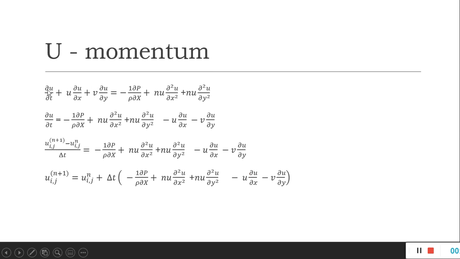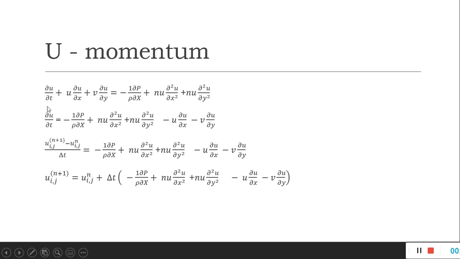I'm just rearranging to make the new velocity the subject. These two terms that represent the convection terms are plus on the left hand side, but when we take them to the right hand side they become negative terms. The pressure gradient is already a negative term, so we've got everything on the right hand side now.